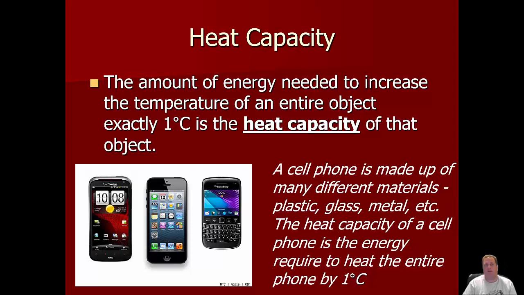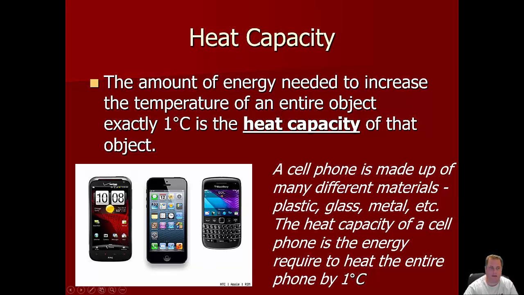Our next term is heat capacity. Heat capacity is the amount of energy needed to increase the temperature of an entire object exactly 1 degree Celsius. Now that might sound a lot like specific heat, but there is a big difference. The difference comes in this fact that we say the entire object.